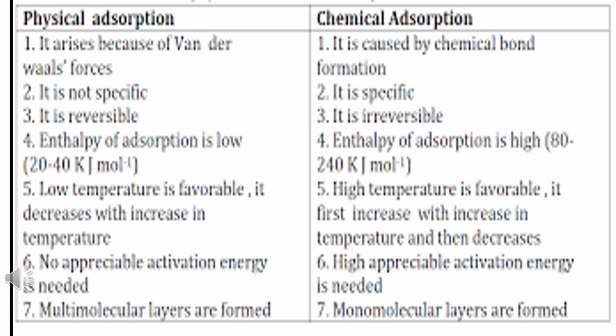Physical adsorption is reversible in character, whereas chemical adsorption is irreversible in character. The enthalpy of adsorption is very low, about 20 to 40 kilojoules per mole in case of physisorption, but the enthalpy of adsorption is very high in case of chemical adsorption. It is about 80 to 240 kilojoules per mole.